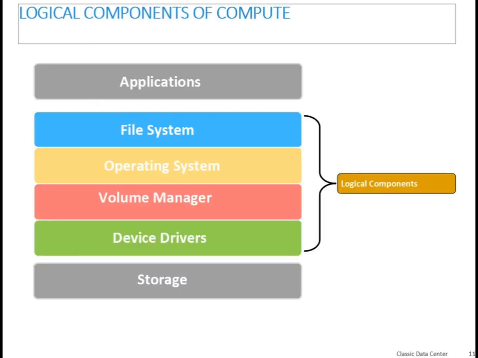The following are the logical components of a compute system. File system: a file is a collection of related records or data stored as a unit with a name. A file system is a hierarchical structure of files. File systems enable easy access to data files residing within a disk drive, a disk partition, or a logical volume.